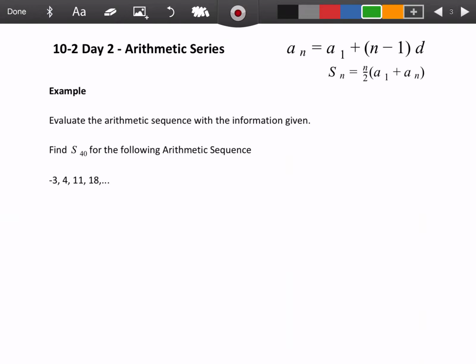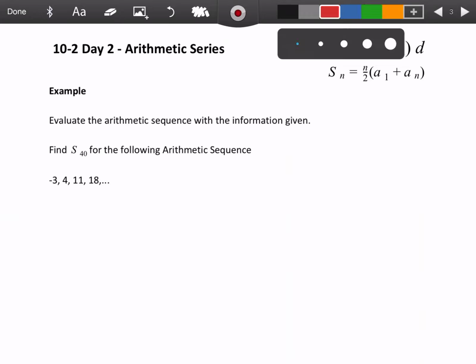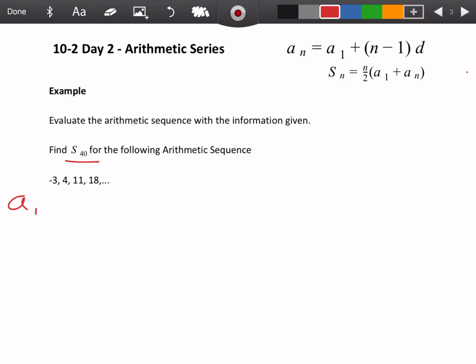So moving on to our next example, and we're going to do those same things. Here we have S of 40, and they give us the first 4 terms. So we need A of 1, we need A of 40, our 40th term, and we need our N. Well, our first term is -3, as you can see from our sequence there.